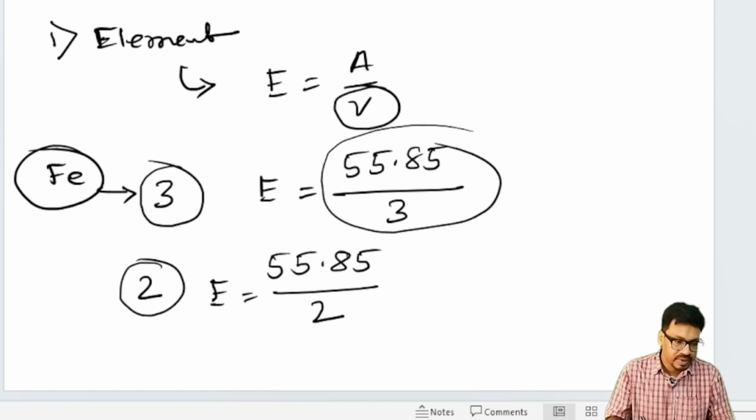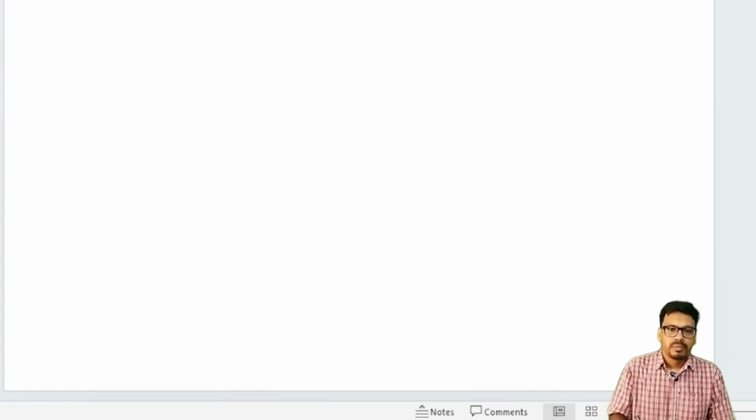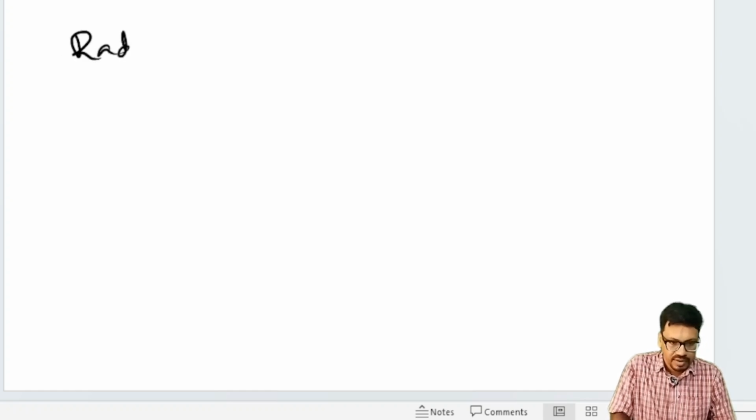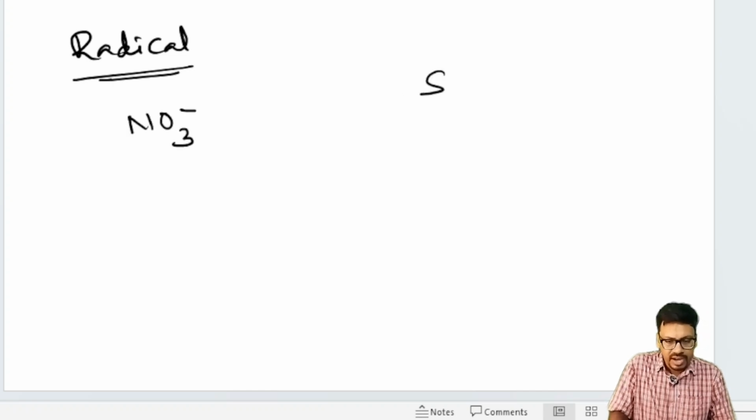Now the equivalent weight of any radical. Say for example, NO3 minus and SO4 2 minus.